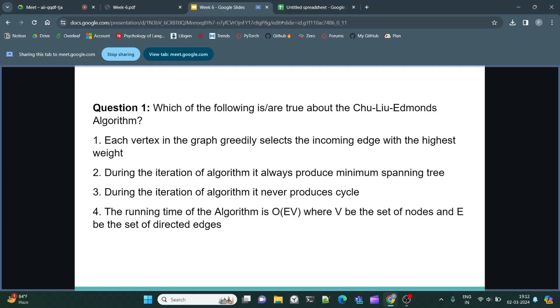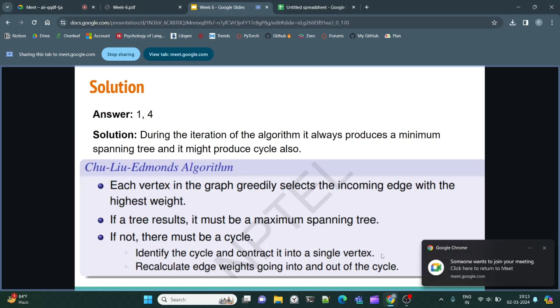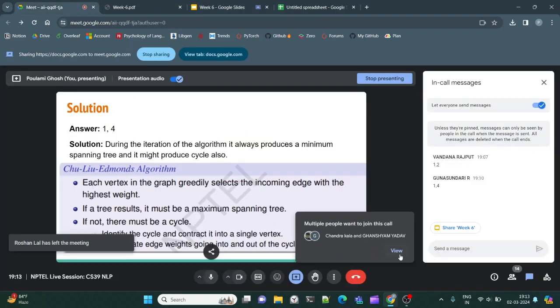If it does not, there are further steps in the algorithm that we must follow. The third option was that during the iteration of the algorithm it never produces a cycle. However, that is not necessarily the case. There is a chance that a cycle may appear after the first step of the algorithm, in which case we need to identify the cycle, contract it into a single vertex, and go on with the iteration of the algorithm.